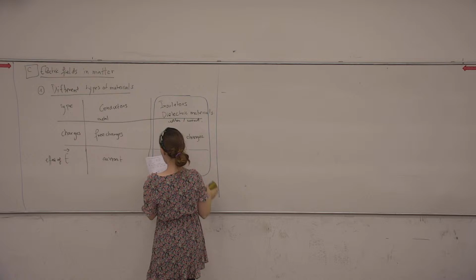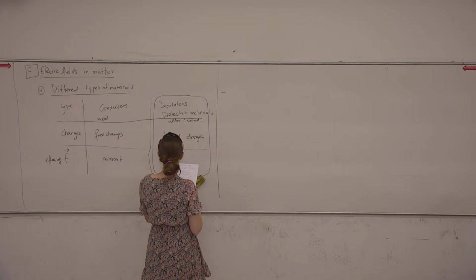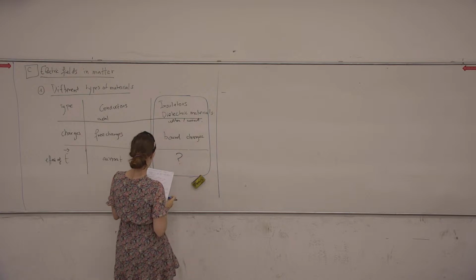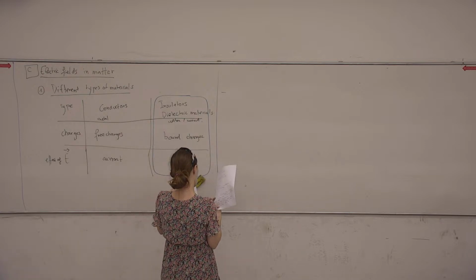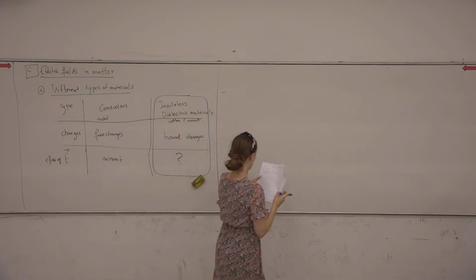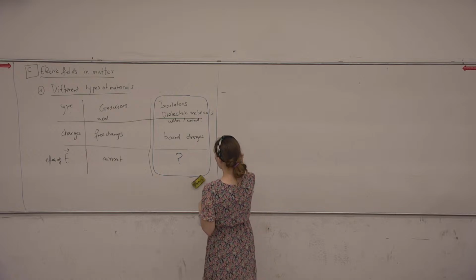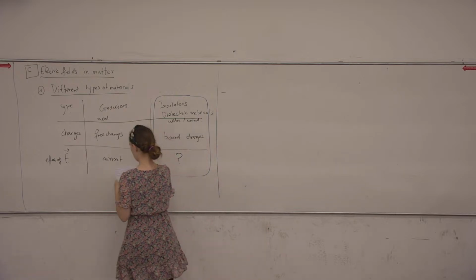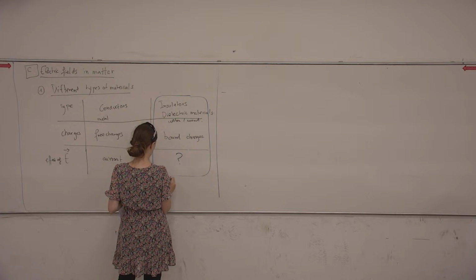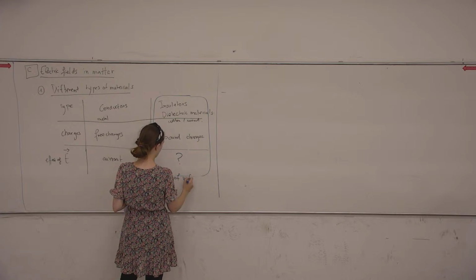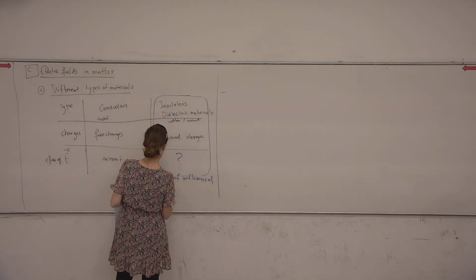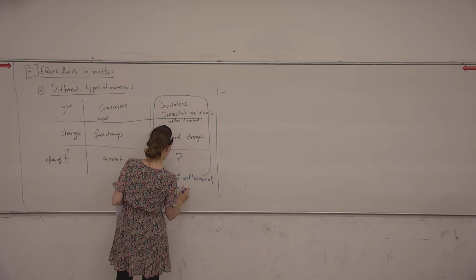Okay, so this is the question we will be answering, okay? And so there are two types of influences of the field E on a dielectric.